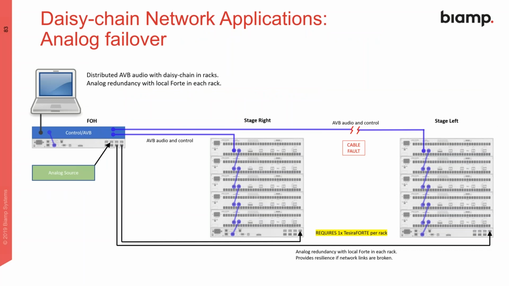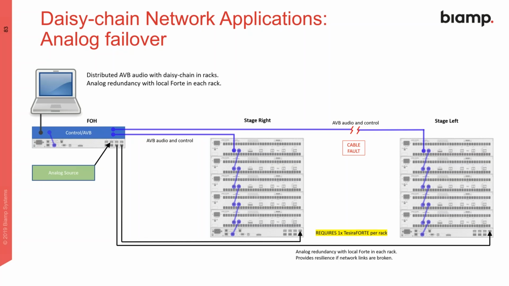We've had some requests for how you could do an analog failover for those two racks. You could set it up so that you have your AVB signal coming in, going through your daisy chained racks, and put a Forte at the bottom of each stack. That Forte would have an analog input mirroring what was being sent to the house left, house right. You'd have to set up a system file that would accommodate it, but essentially it would give you a way to send audio back up.